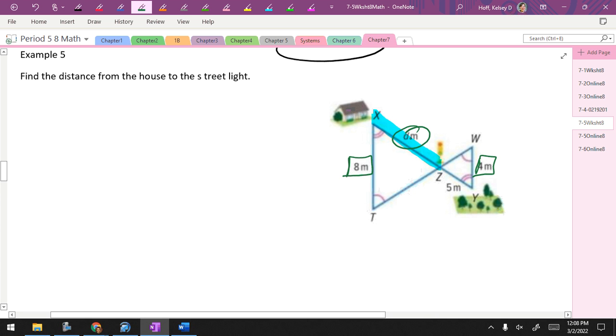D. D is between 2 swoops on X and Z. What does D match up with? 5. Set up the proportion, cross multiply, and solve on your own. Determine for me how far is that house from the street light.